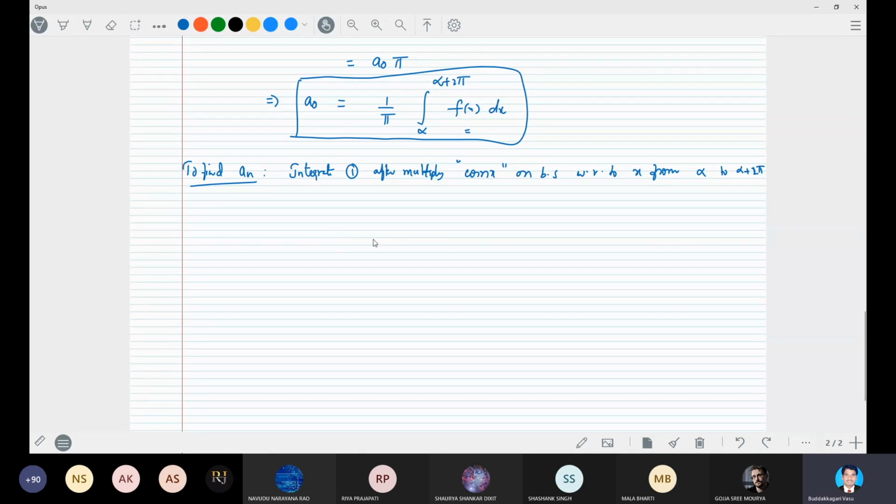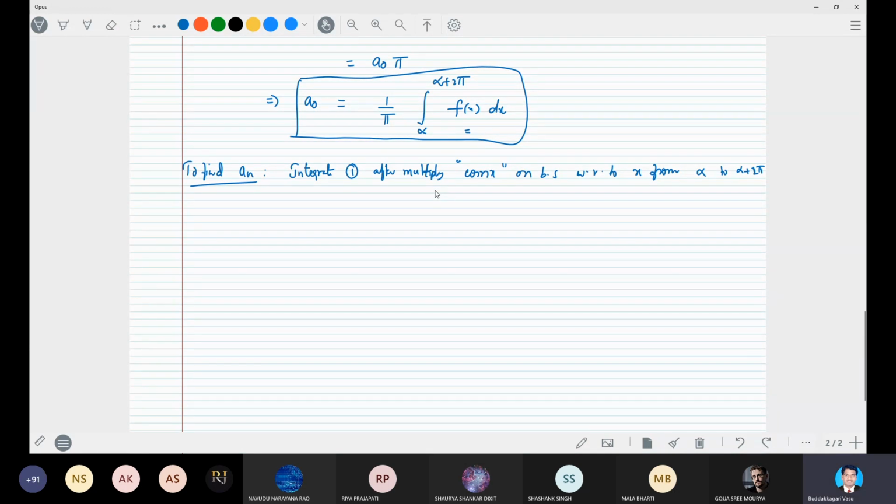you can see, you can find out very easily that the integral from alpha to alpha plus 2 pi of cos nx into cos nx dx will give some value. The rest of all the terms, which are the integral of cos nx from alpha to alpha plus 2 pi and the integral from alpha to alpha plus 2 pi of sin nx into cos nx dx, will be 0, right?